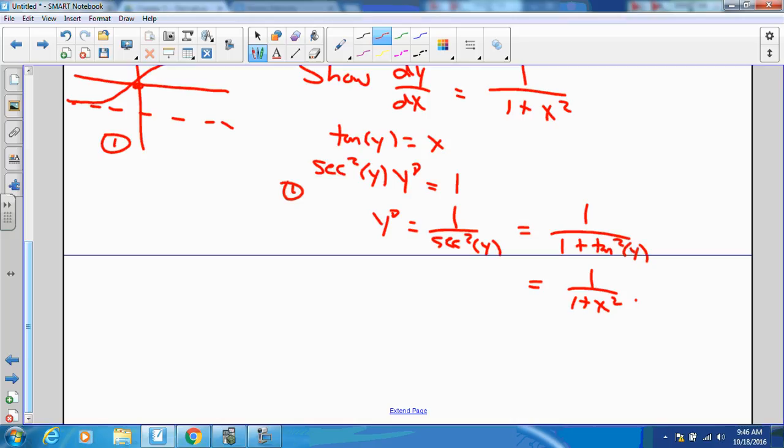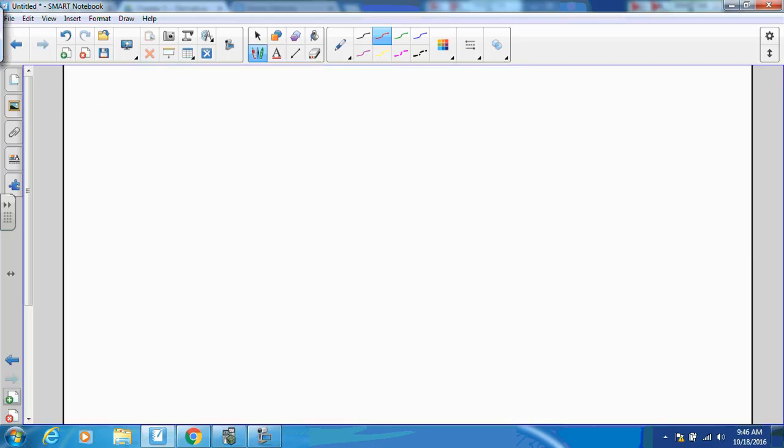Now, I want to do two things. One is I want to talk about the use of right triangles to help resolve things. And the other is I want to talk about our inverse secant, cotangent, and cosecant. This is what I meant to write.